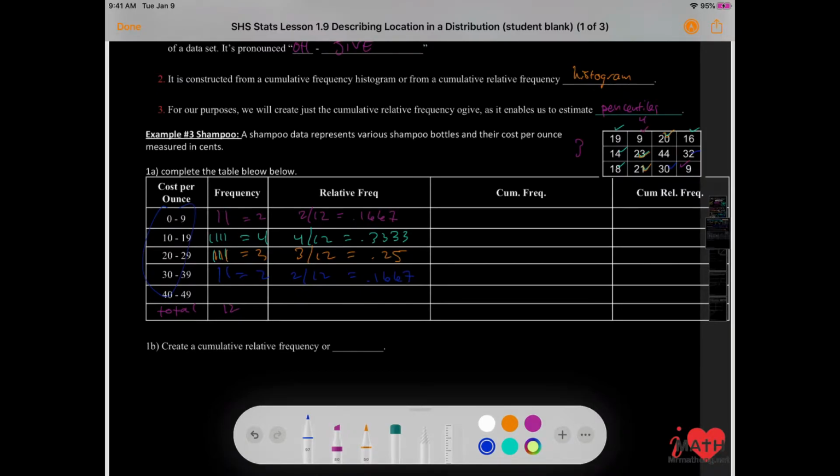So this should be a review. And then 40 to 49. That's just one of these. So 1 out of 12, and you will get 0.0833. Okay, so if you add all those up, you should get 12 out of 12, and that's 100%.